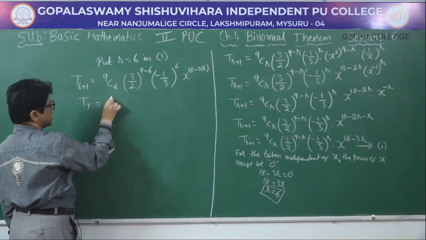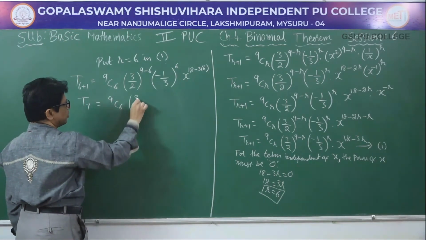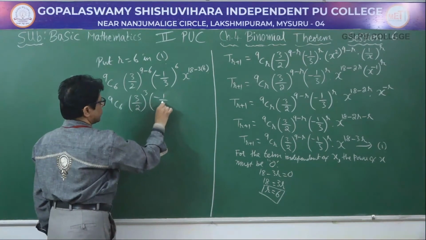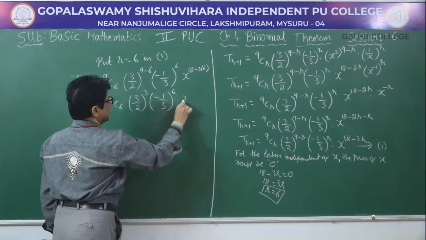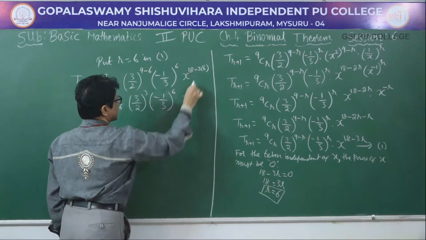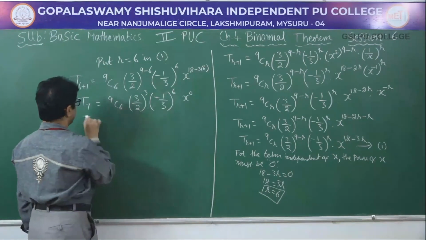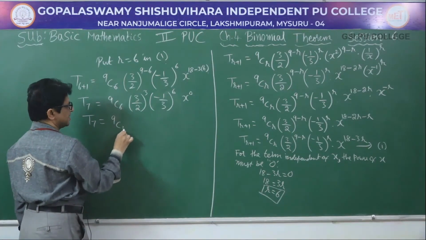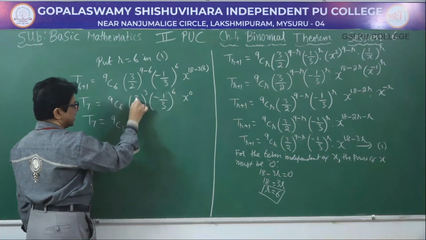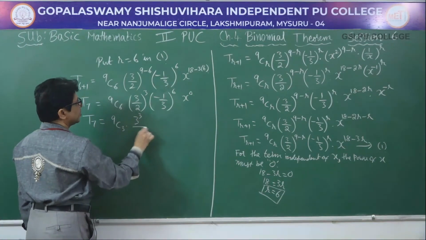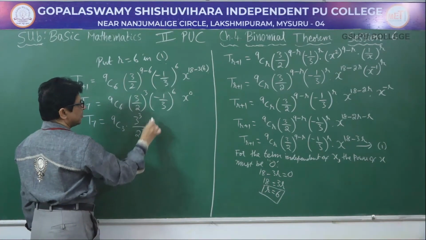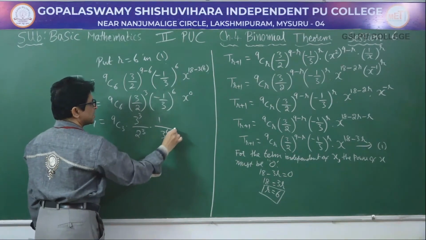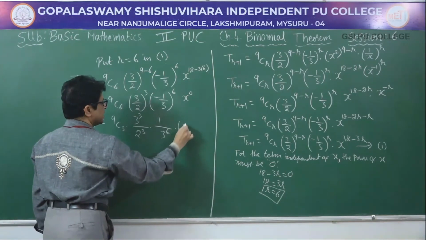So T7 is equal to 9C6 into (3 by 2) whole power 3 into (minus 1 by 3) whole power 6 into x power (18 minus 18) is 0. So T7 is equal to 9C6, which is nothing but 9C3, into (3 by 2) whole cube, which can be written as 3 cube by 2 cube, into (minus 1) whole power 6 is 1 by 3 power 6 into x power 0 is 1.